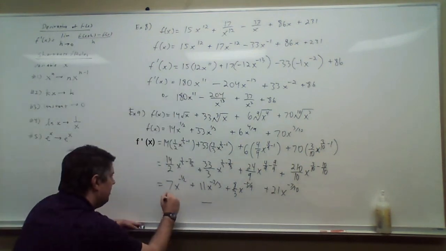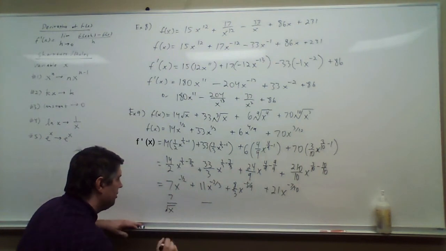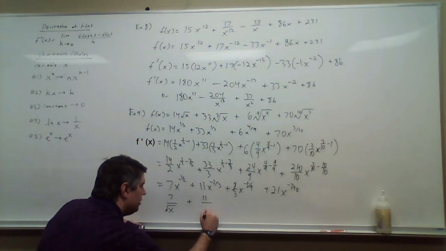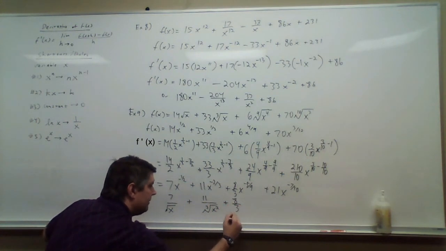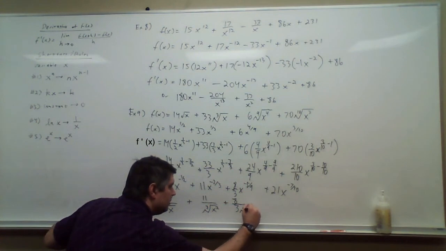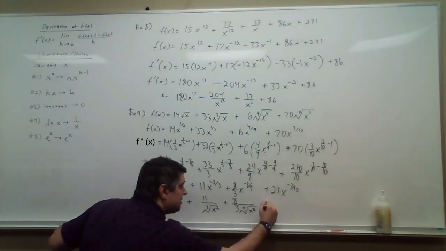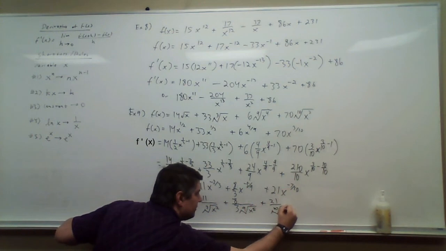So this will be 7 over x to the positive 1/2 would be equivalent to square root, plus 11 over the cube root of x, and the other power will be 2, plus, and over 3, it's going to be the 9th root of x to the 5th, plus 21 over the 10th root of x to the 7th.